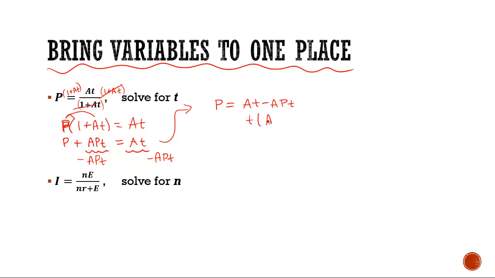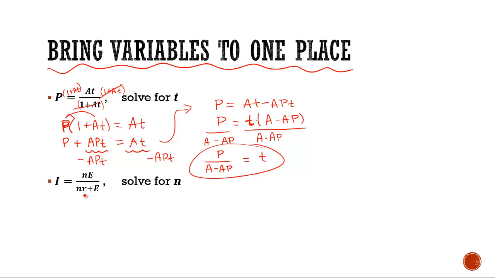Factor out the t, you have a minus ap. And then now, because t is alone, and that's a multiplication by a bracket, you can divide both sides by the bracket, and you have t alone. P over a minus ap.